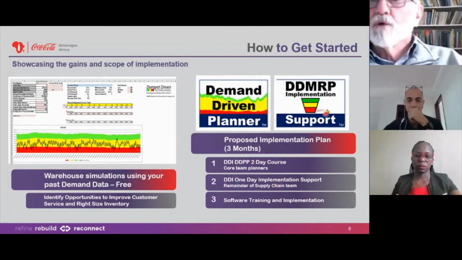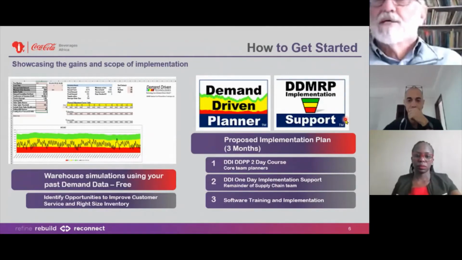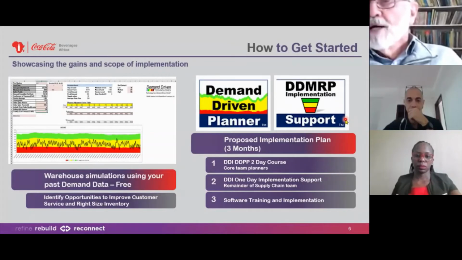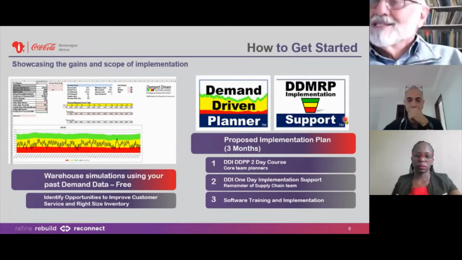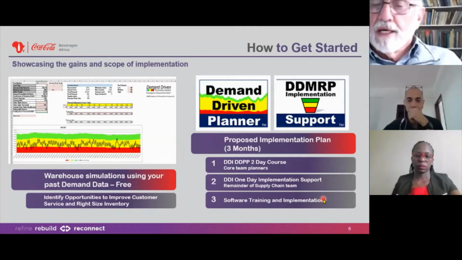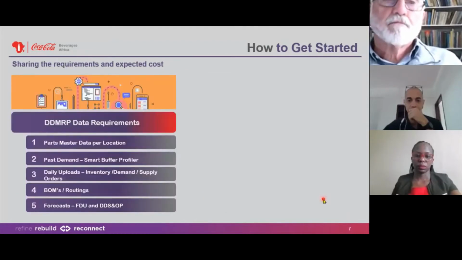We also have another course which is called the DDMRP Implementation Support. This is not as in-depth as the Demand Driven Planner, but it does give people within the organization some understanding of how things are going to change in the business. And then, of course, we need to do some software training and some implementation.